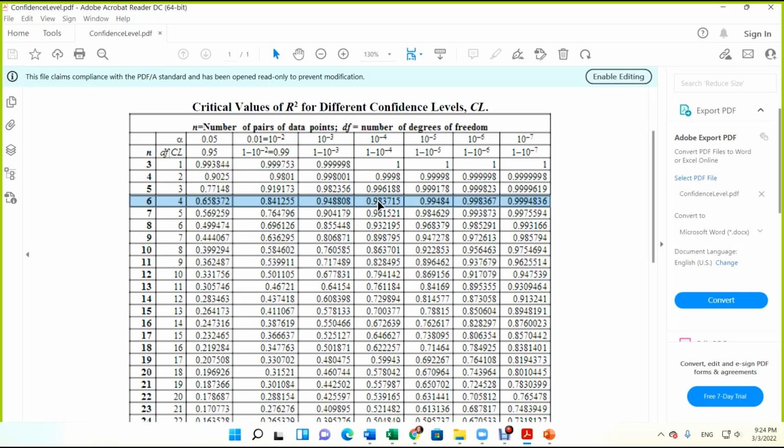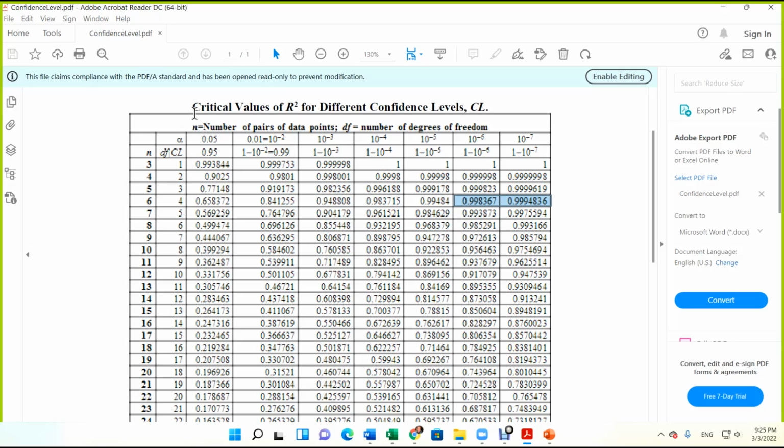No. It's larger than this one, but it's less than this one. 0.9993 falls between those two R squares. 0.9993 is your experimental R square.